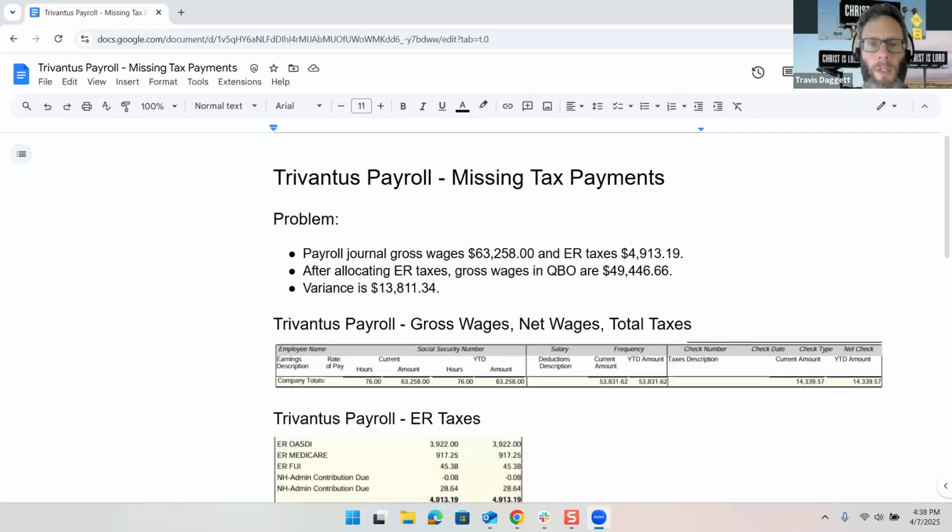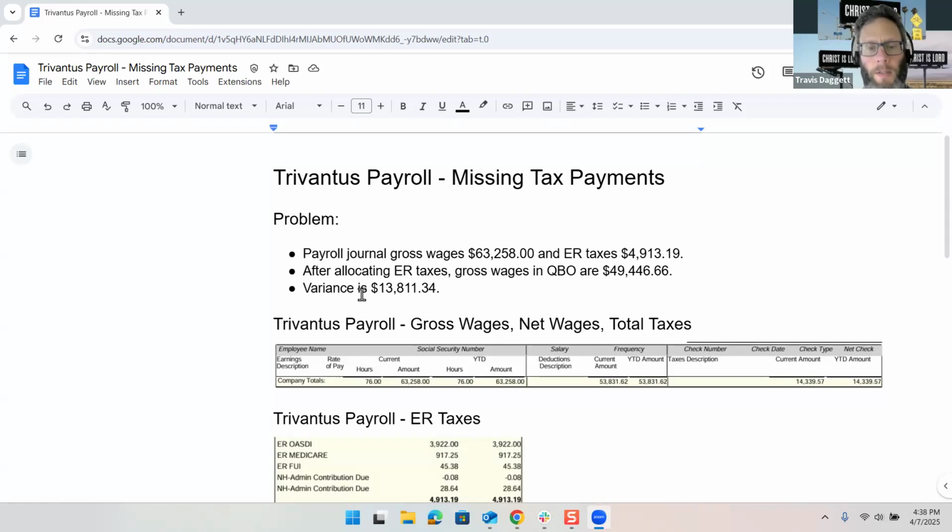Video is looking at an example of payroll with a company called Trivantus. So the problem here that initiated this study is missing tax payments, but we didn't know that at the beginning.